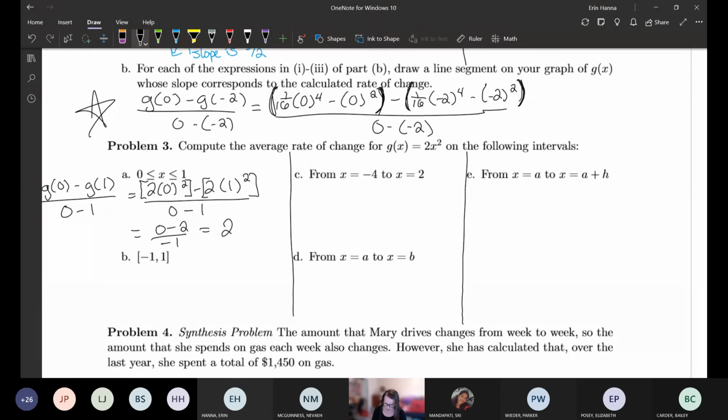And then if we're going from negative 1 to 1, we'd have g of, I'm going to put the larger x value first this time. Again, it does not matter which way you do it, as long as you're consistent. So we have 2 times 1 squared minus 2 times negative 1 squared all over 1 minus negative 1.